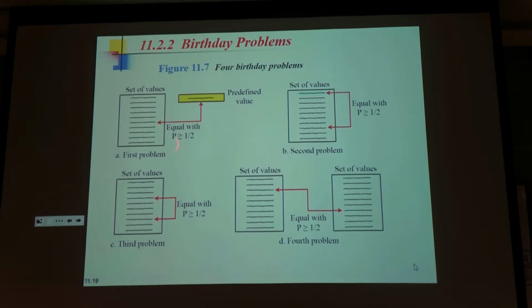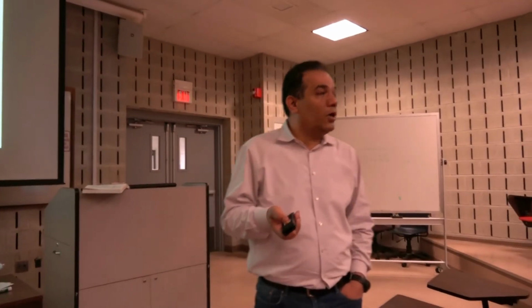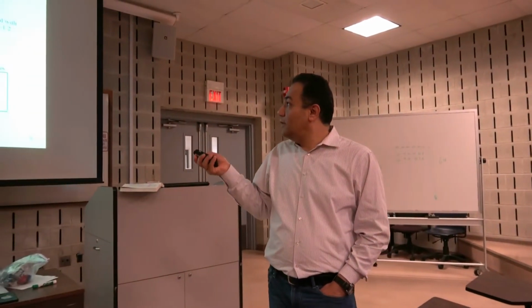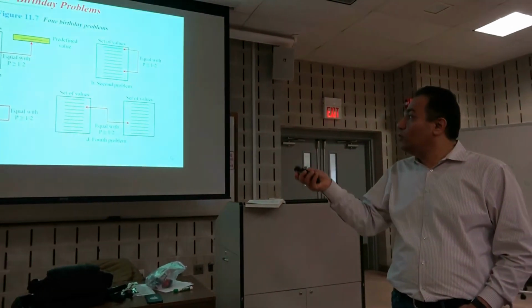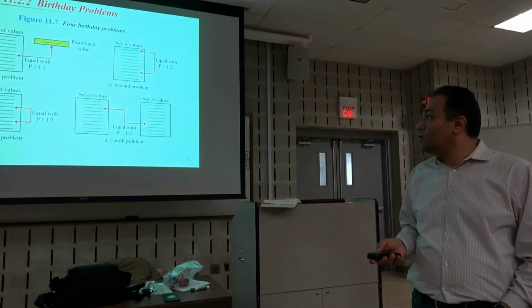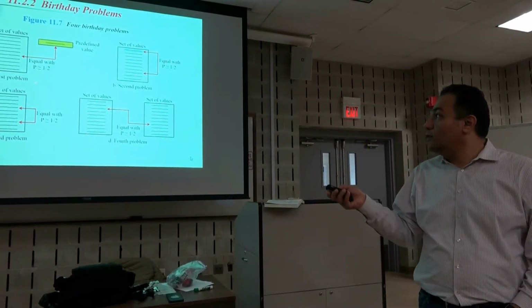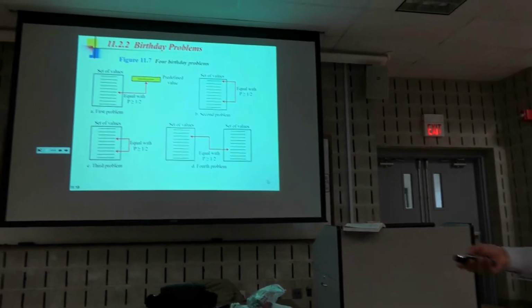So you have randomly distributed birthdays among the students. What is the possibility that one student will have the predefined value? It's greater than 50%, as you see in the paper.